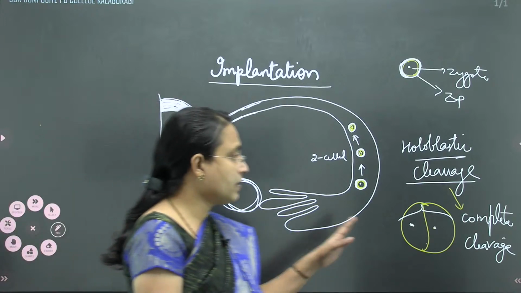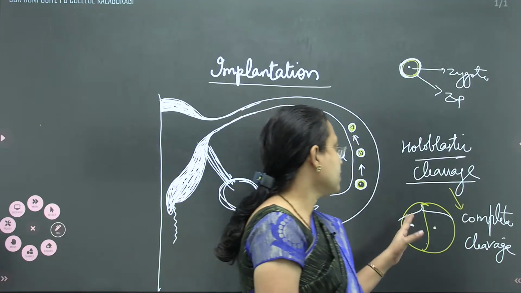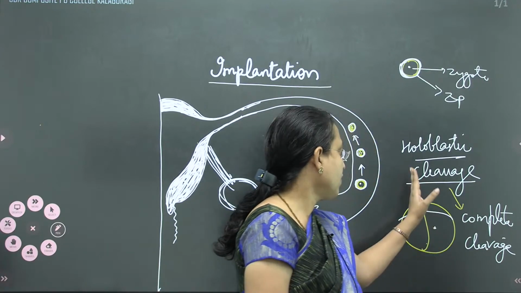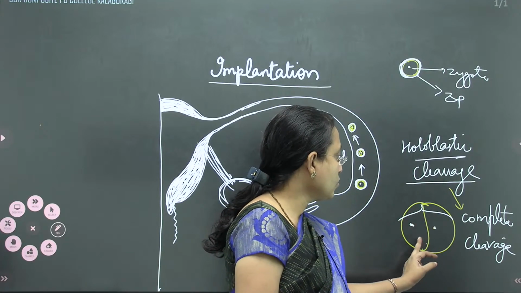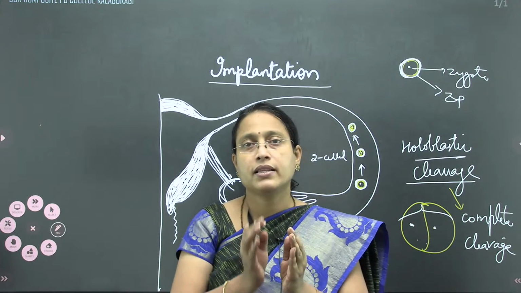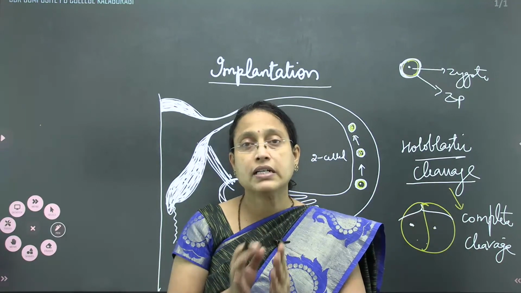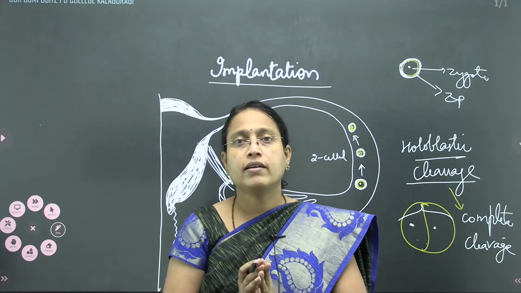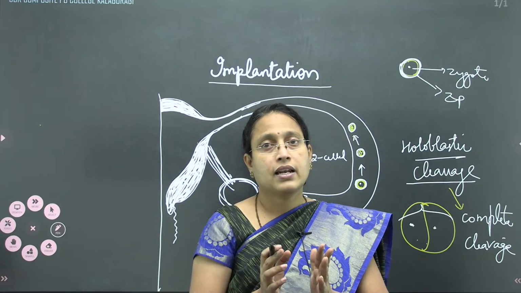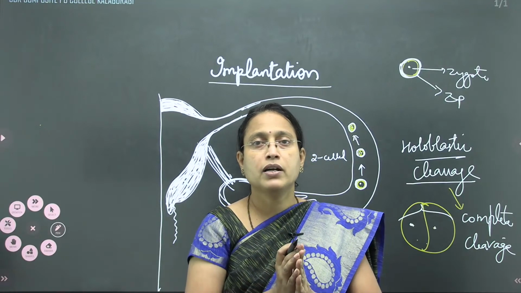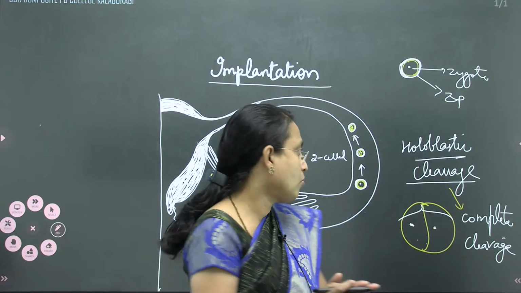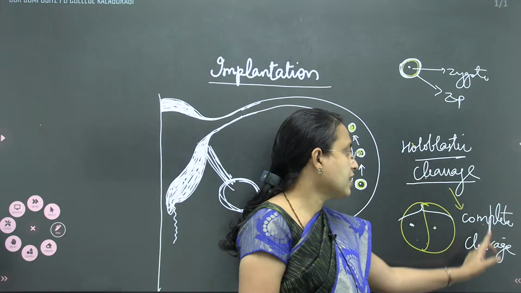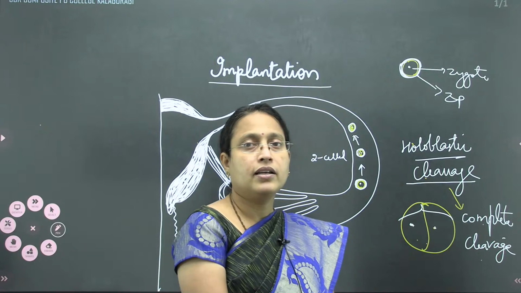Otherwise, holoblastic, which occurs in humans, is a complete division. Two cells are now separated, two different cells, not a single cell that is partially divided, but two separate cells formed due to holoblastic cleavage, which is nothing but complete cleavage.